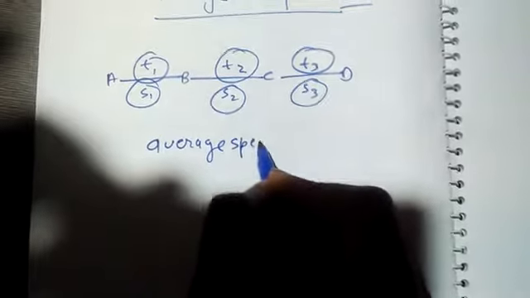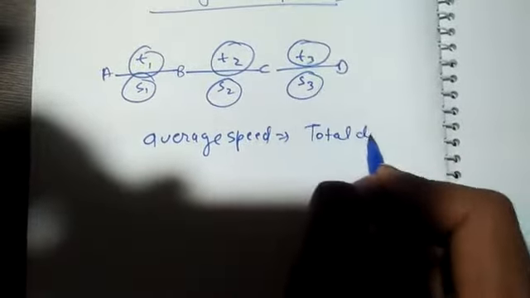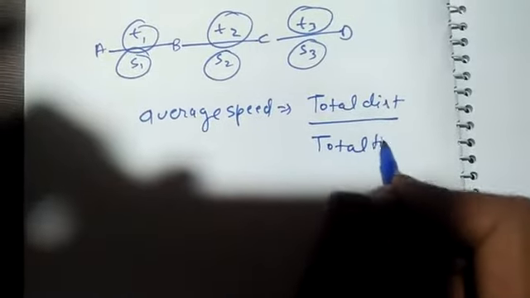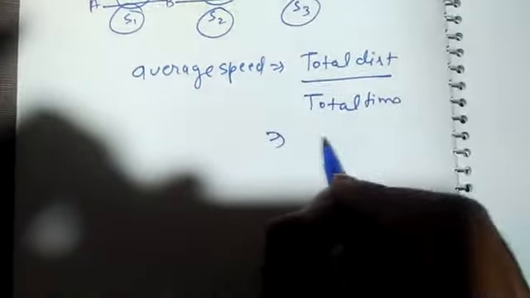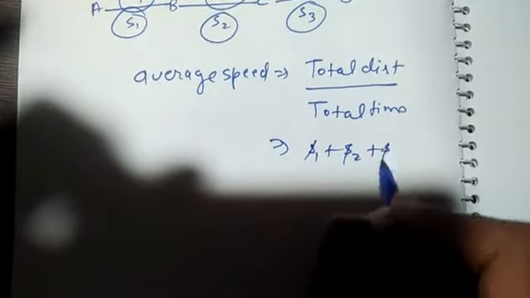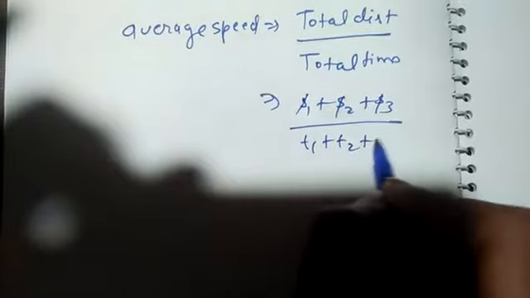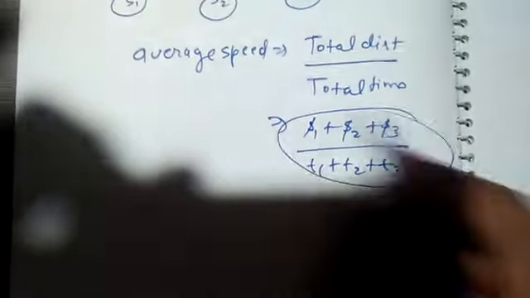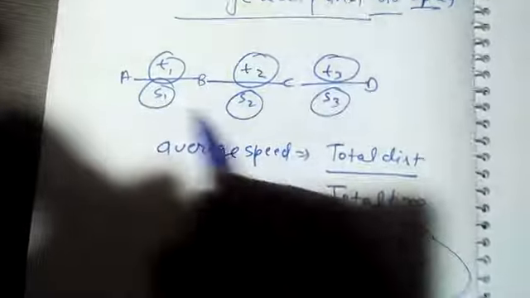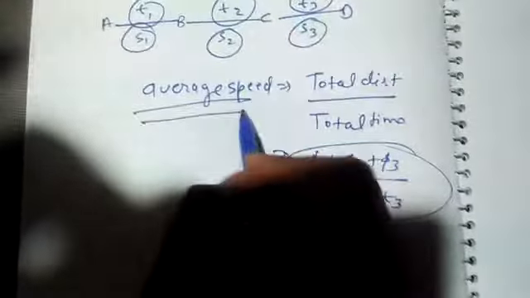Average speed is equal to total distance upon total time, that means (s1 + s2 + s3) upon (t1 + t2 + t3). That means total distance upon total time is known as average speed.